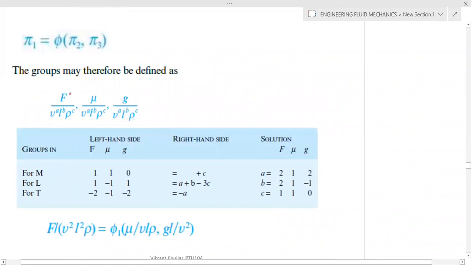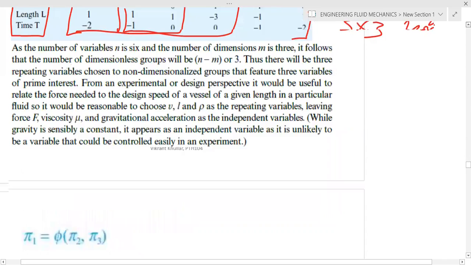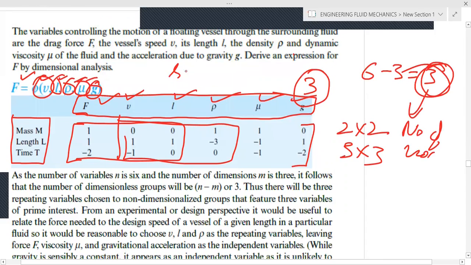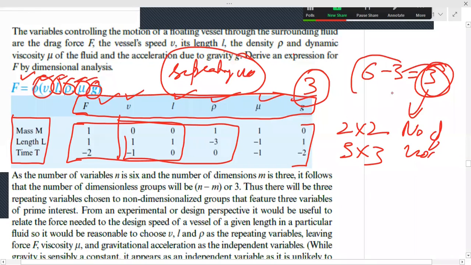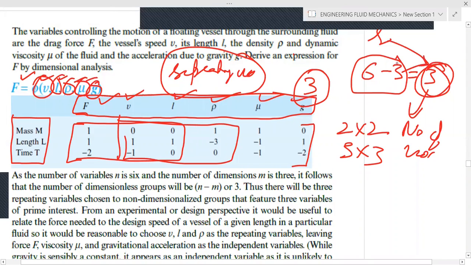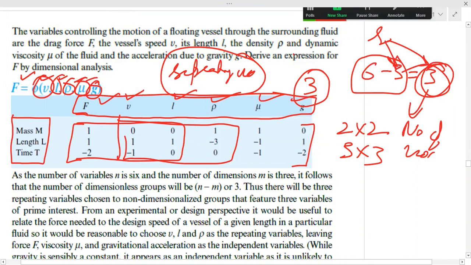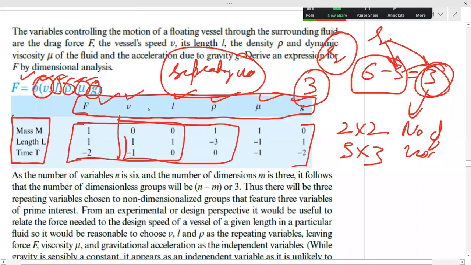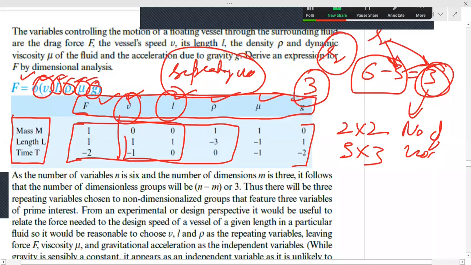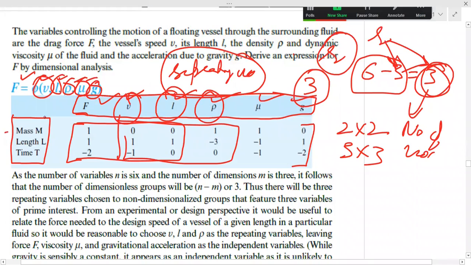So what you do is, out of the variables, you choose repeating variables. Repeating variables means you choose r, and r was 3 here. So you choose r number of repeating variables. Repeating variables means the variables which have all the dimensions.